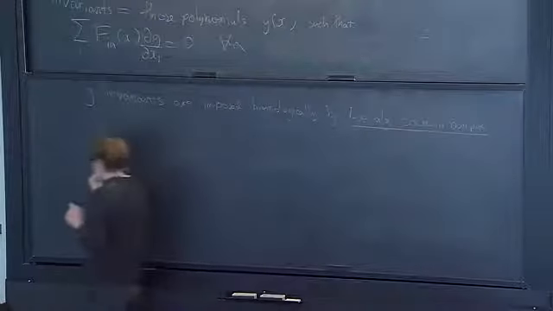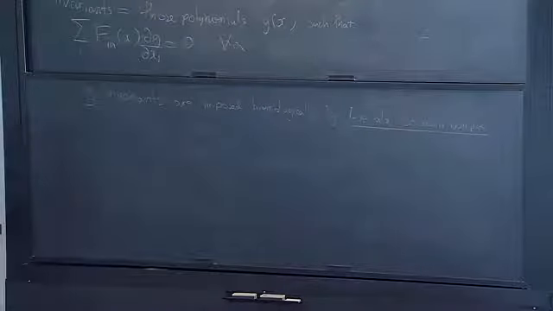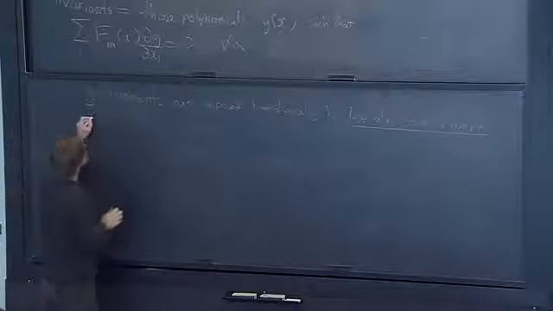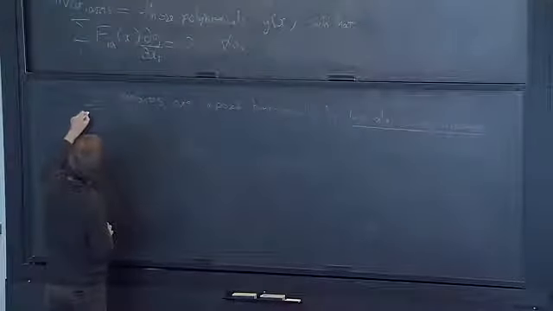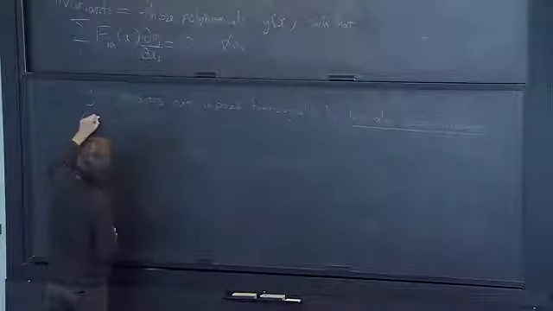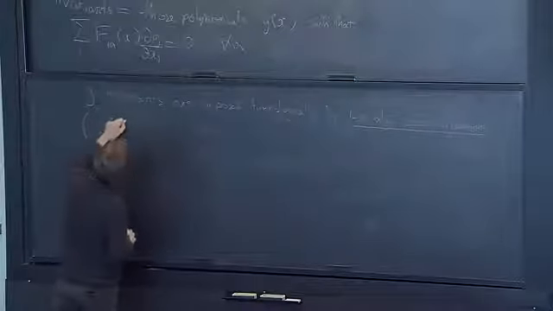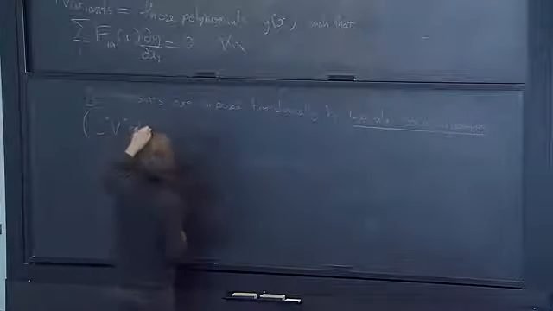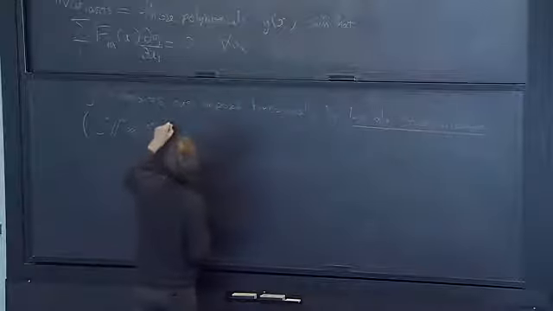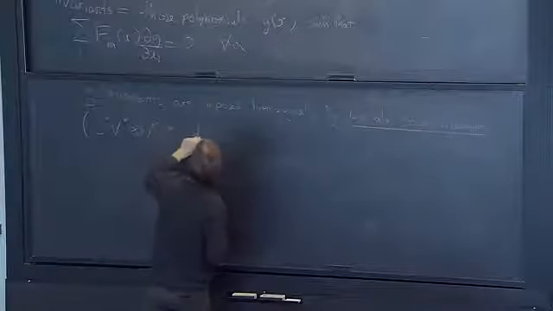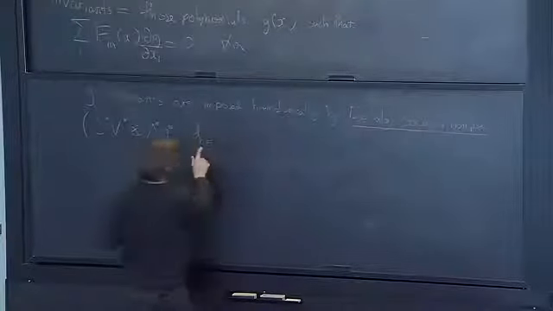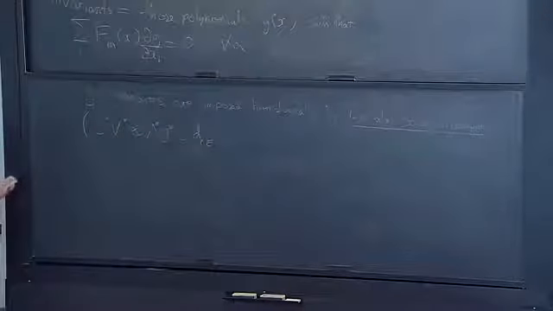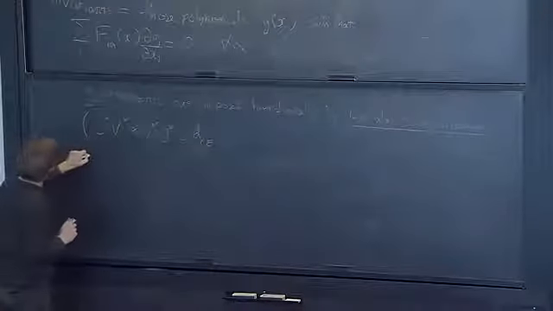So what's that? As a vector space, it's the symmetric algebra on the dual of my vector space, tensored with the exterior algebra on the dual of my Lie algebra, with some differential, the Chevalley-Eilenberg differential.